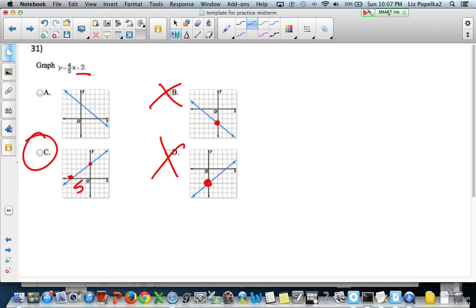Yeah, it went over 5 and then up 1, 2. Wait. 1, 2, 3. Is that right? Hang on. So I've got a point there, and I've got a point there. So 1, 2, 3, 4. Oh, 1, 2, 3.